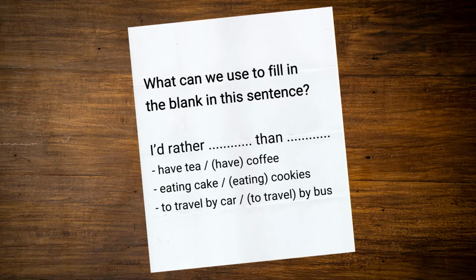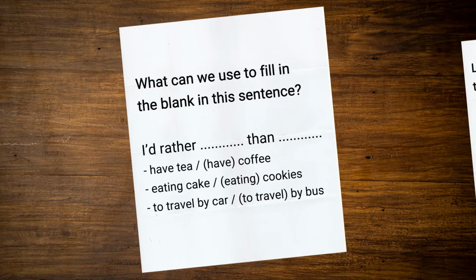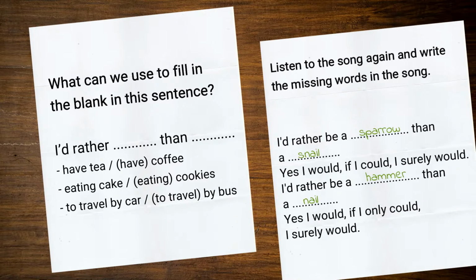The first one is I have tea, have in brackets, coffee. Eating cake, eating cookies. To travel by car, to travel by bus. Okay. They have the song, they can always go back to the song and look how the verb is used.